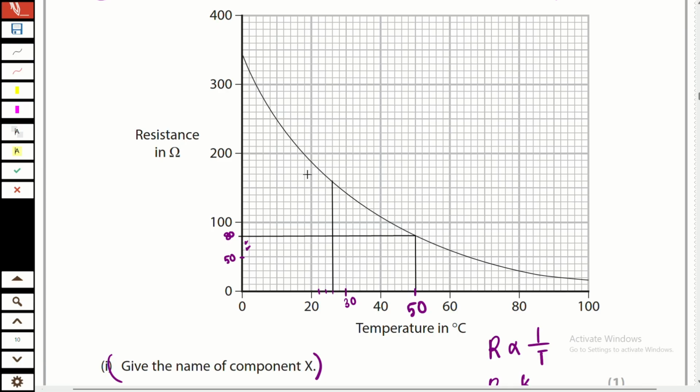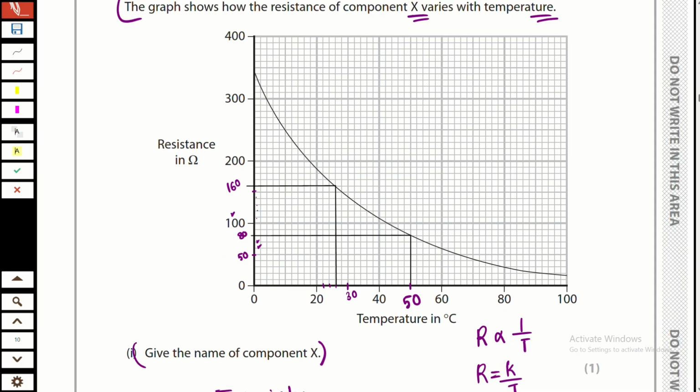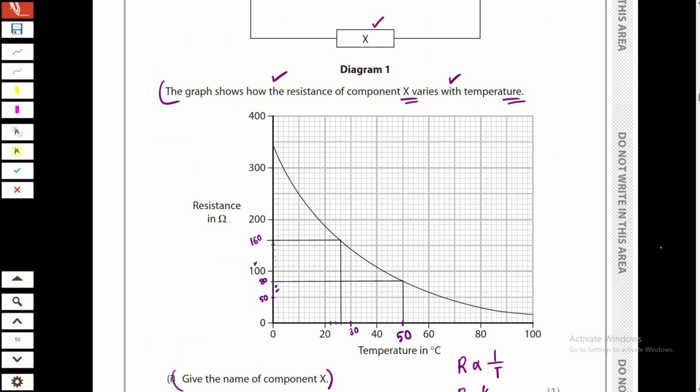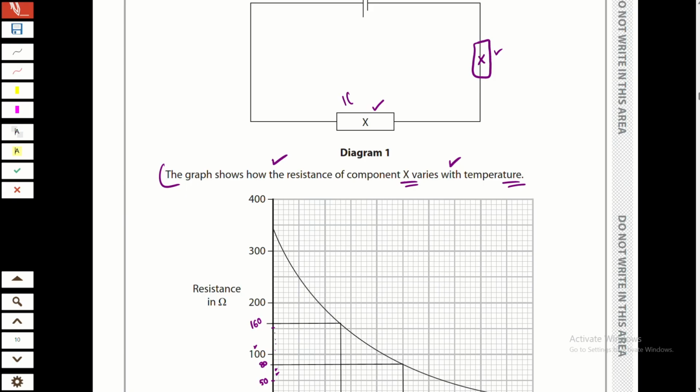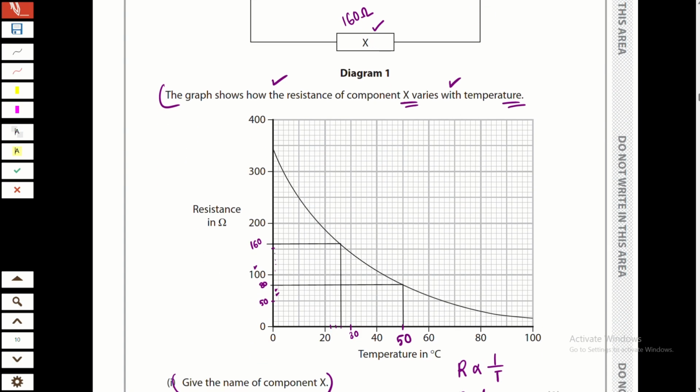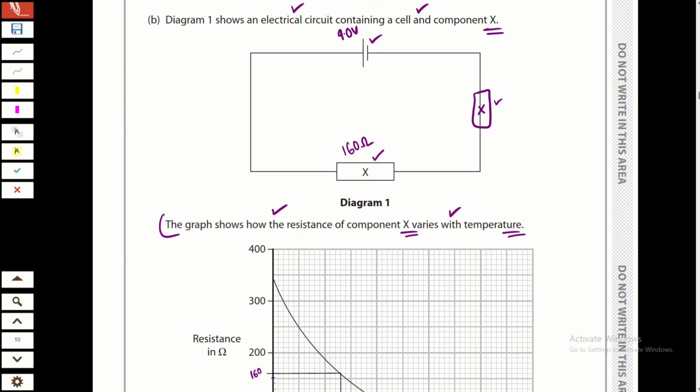Let's find the corresponding y value of 26. This is 100 and this one should be 150. 10, 20, 30, 40, 50 and 160. In other words, the resistance of X is 160 ohms when the temperature is 26 degrees Celsius.